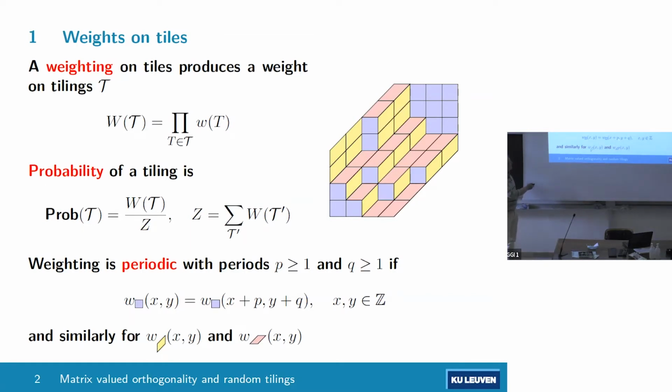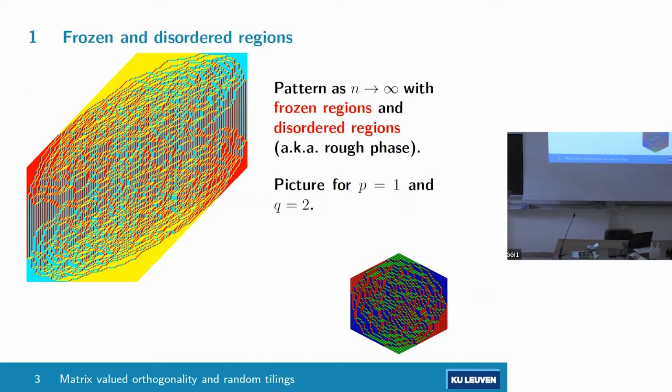The period P will be the period in the horizontal direction, and Q in the vertical direction. Something similar holds with the same periods for the other types of lozenges. Then you can do simulations. This is for a model where the period is 1 and 2.